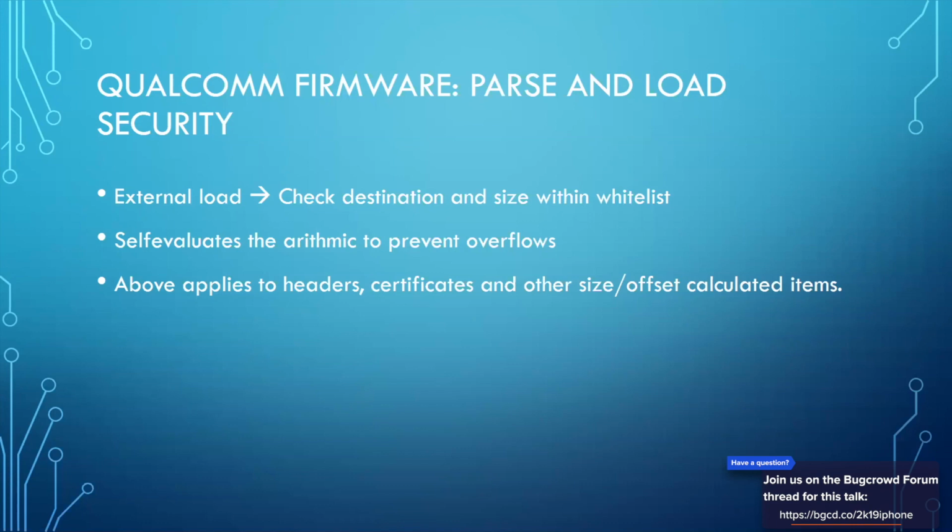The destination address the code should be copied to, and the size of the code, must be within a whitelist. From reverse engineering the bootloader, the destination that the code is copied to is a 32-bit integer starting with 0x8 and the rest zeros.